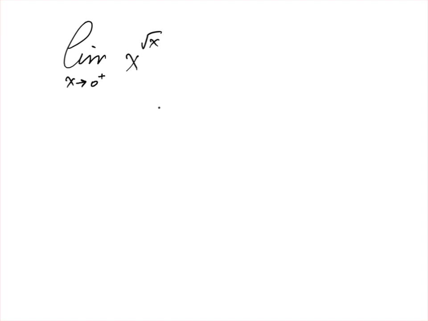So we use the same trick as we did for applying logarithmic differentiation. We let y be this function, x to the square root of x, so we can separate the exponent from the base so that we have a multiplication instead of powers by taking ln of both sides.